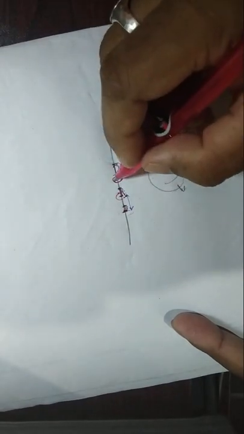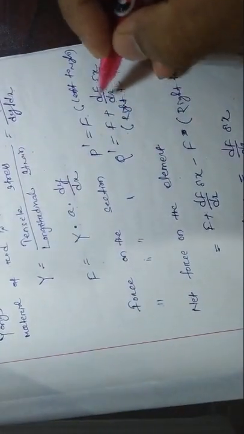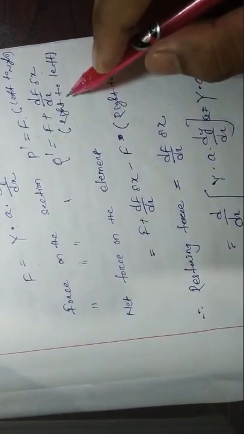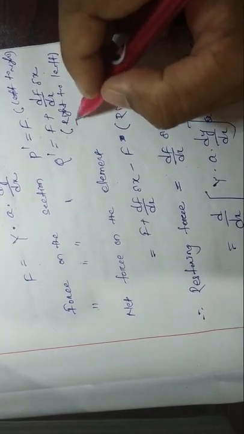So for this point, what will be the force? The force will be the initial force F plus the gradient of force, del F by del x into delta x. That is right to left. Why is it right to left?